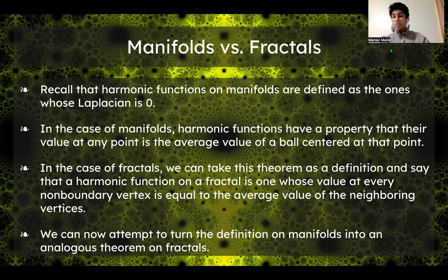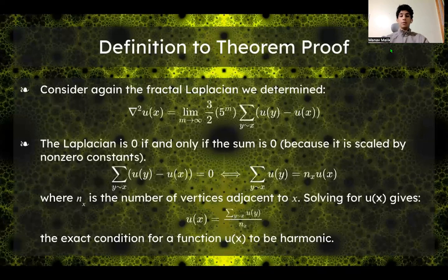And given that definition, we can attempt to turn the definition on manifolds, that is, that harmonic functions are the ones whose Laplacian is 0, into an analogous theorem on fractals. And here we have a proof of that. So let's look again at the fractal Laplacian we determined, and of course this is the one that's specific to the Sierpinski gasket, but you'll see here that the constant that you scale it by doesn't actually matter when proving this theorem.